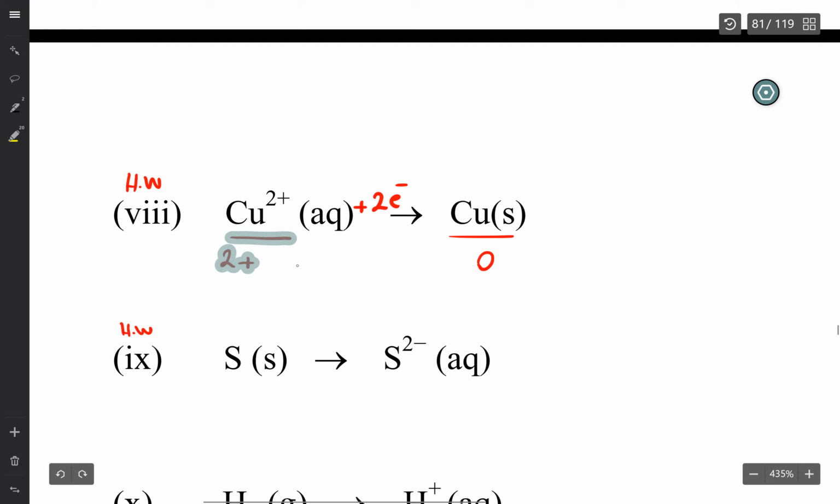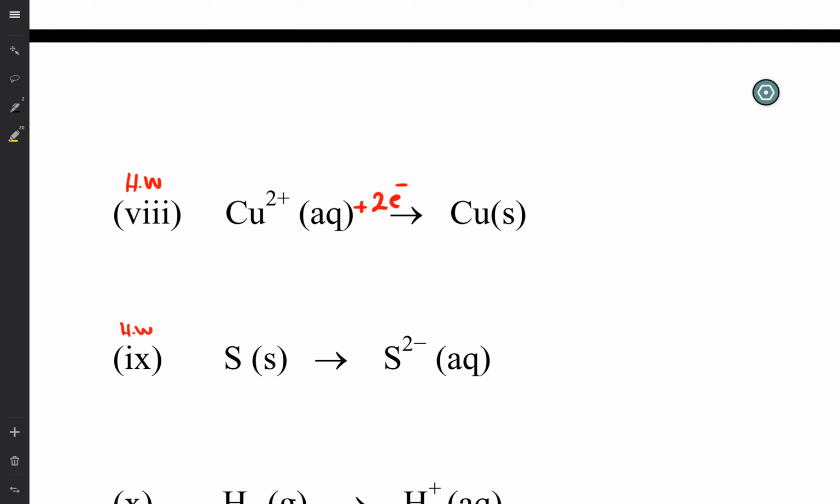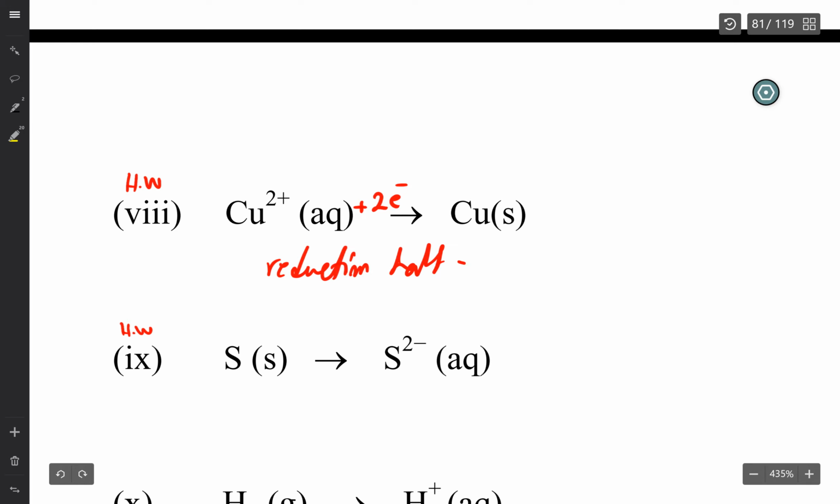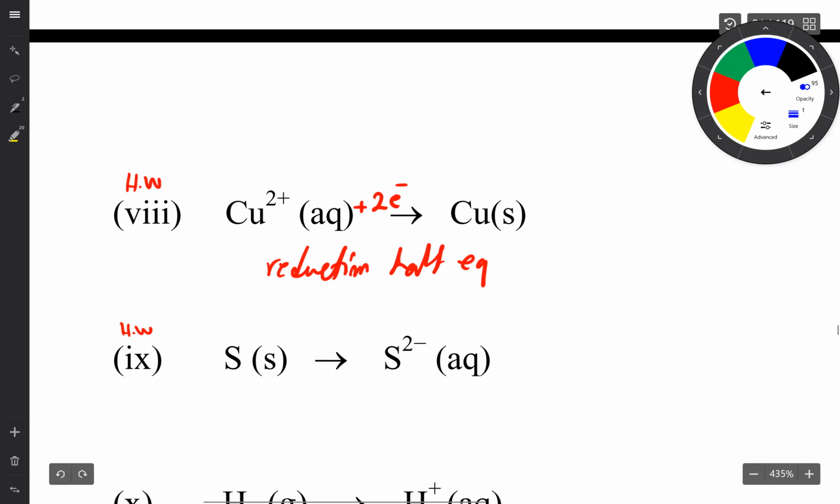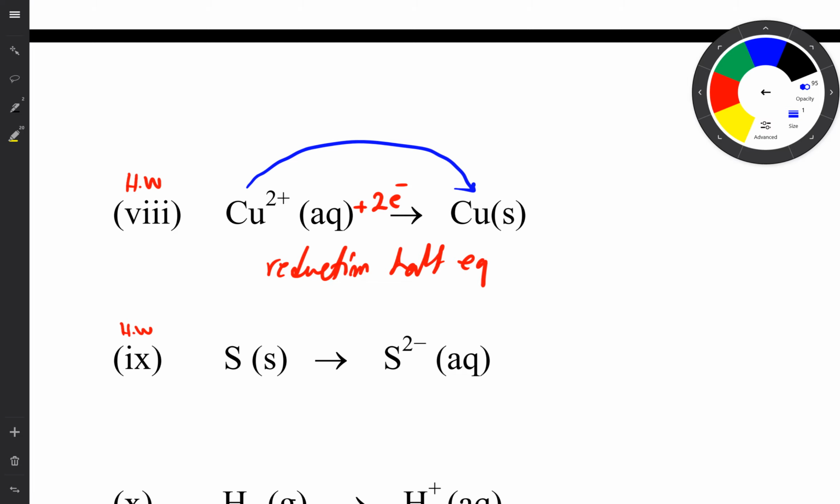So now this half equation is balanced, and because electrons appear at the left side, this is a reduction half equation. Another sign that this is a reduction half equation is that the copper ion converts to the copper atom. It means it has gained 2 electrons.